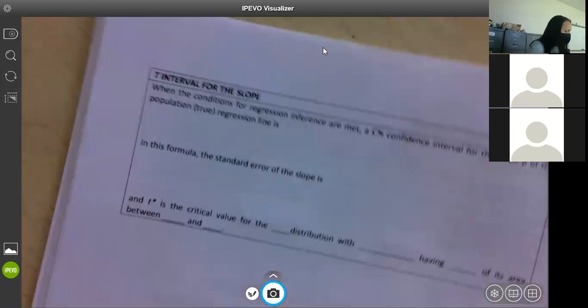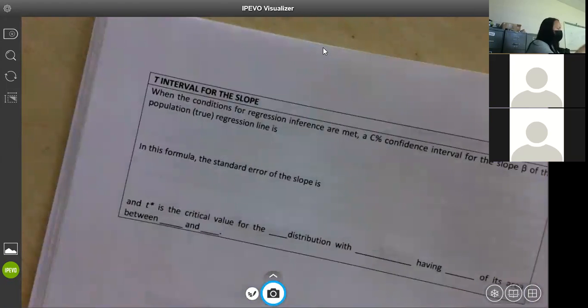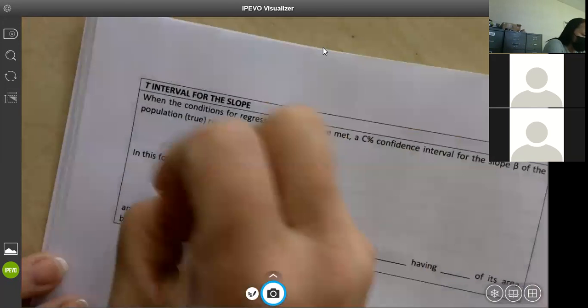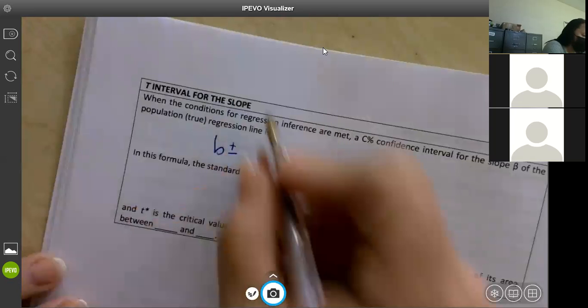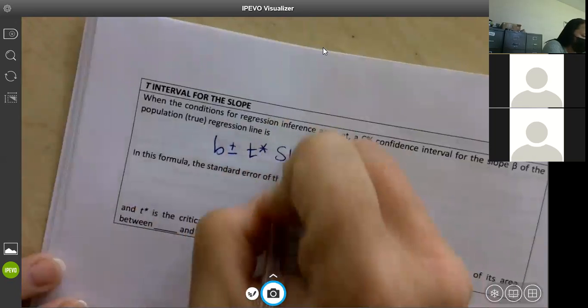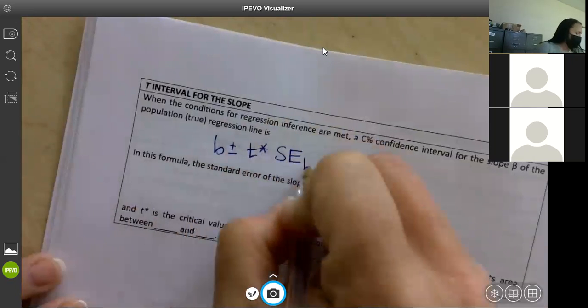All right, T interval for the slope. When the conditions for regression inference are met, a C% confidence interval for the slope beta of the population true regression line is b plus or minus t star standard error of b.